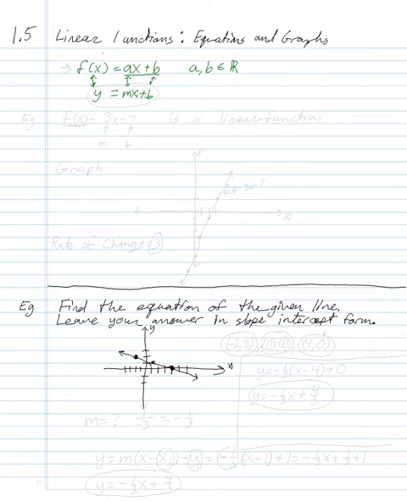So if we have a linear function in the standard form, we can graph it very quickly. Using that same procedure, we can plot the y-intercept and then use the slope to find other points, ultimately giving us the graph of our line.